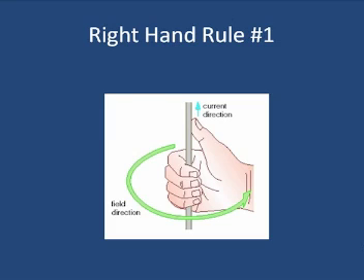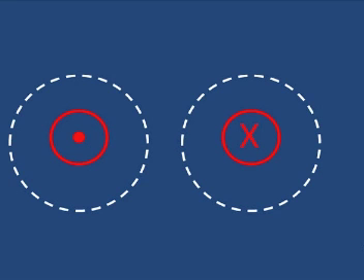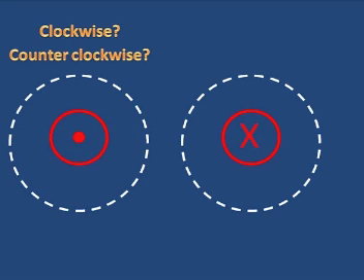Now, let's try a little sample here. If you have the circle with the dot, does the field go clockwise or counterclockwise? Your thumb comes towards you, towards your face. Your hand wraps around, and we have arrows in a counterclockwise position.